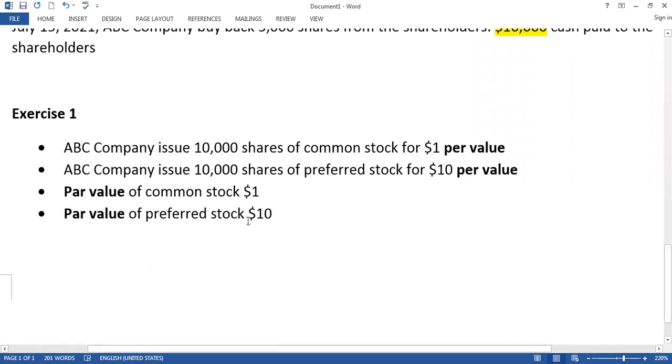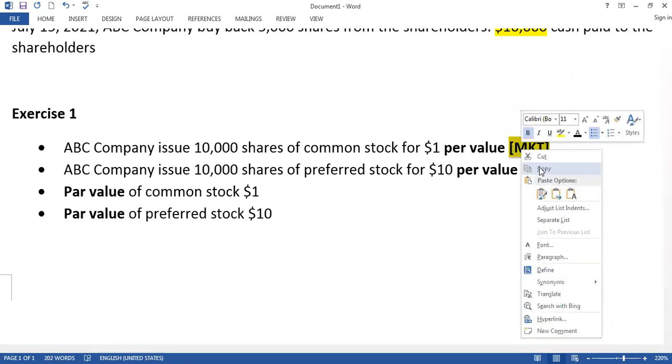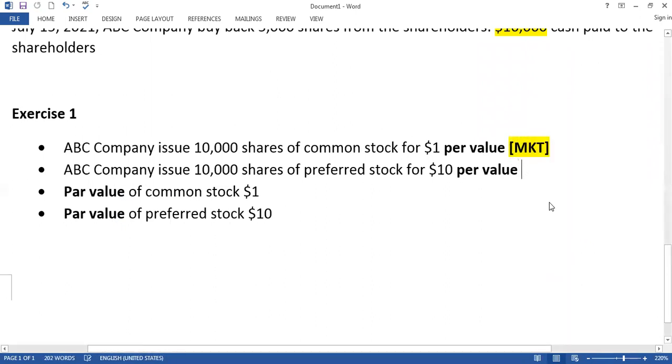Which one is the market price? First one, very good. So this is the market price, and this is the company price.